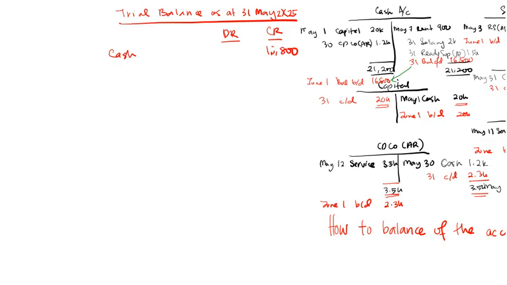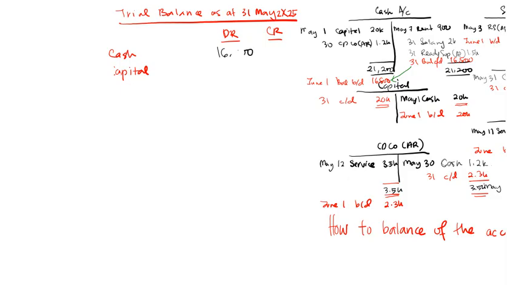Sorry, cash is an asset, so it has a debit balance.